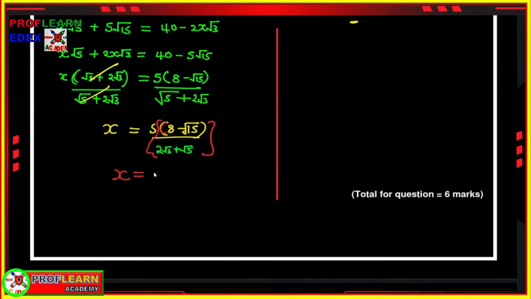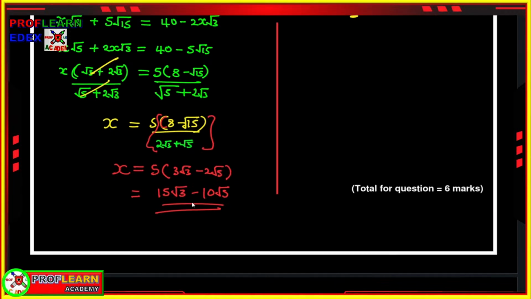So you can say this is going to be 5 into (3 root 3 minus 2 root 5), and that is going to be equivalent to 15 root 3 minus 10 root 5 as the value of x.